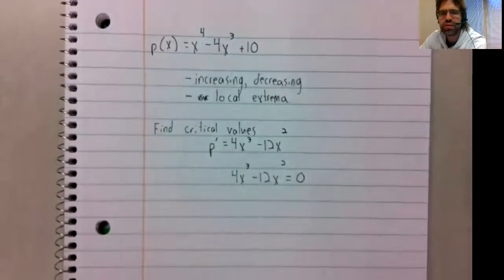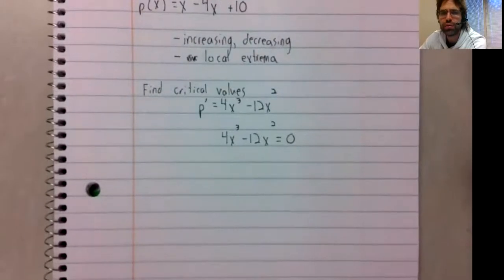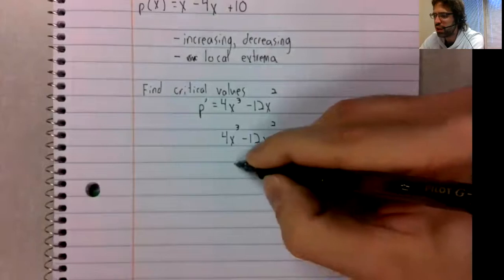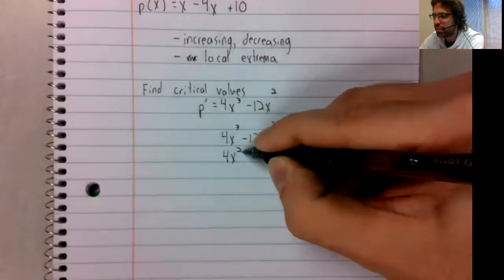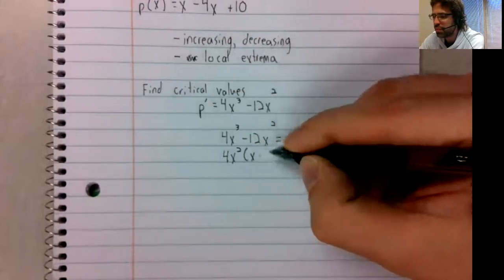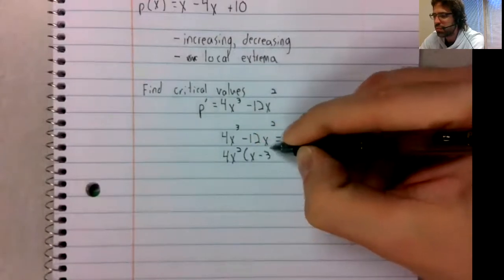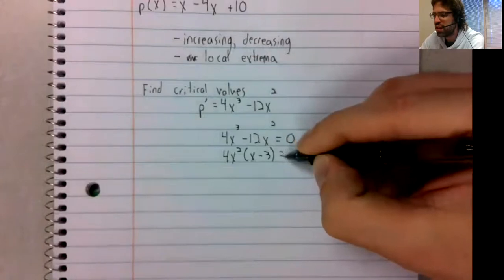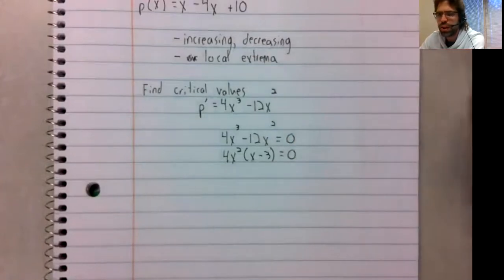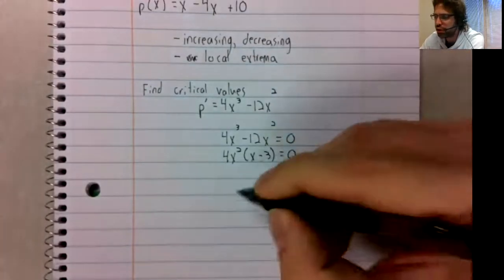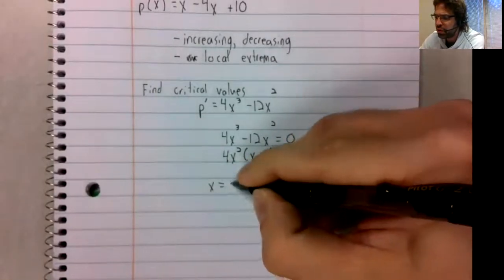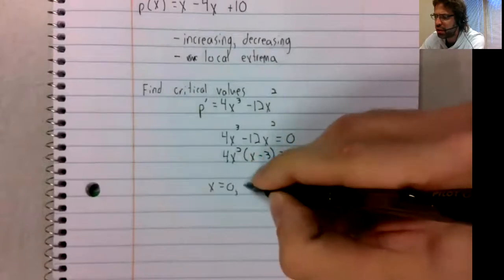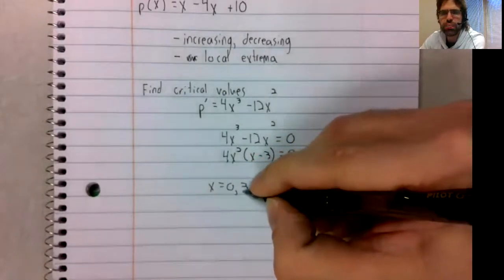We might get some critical values by setting this equal to 0. We see there are two critical values. They might not be local extrema.